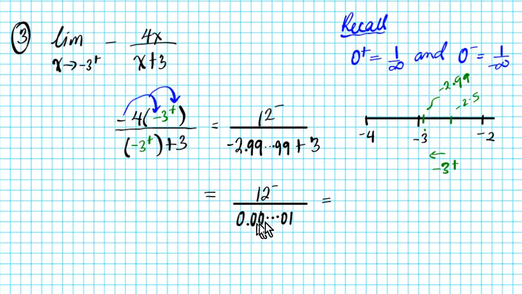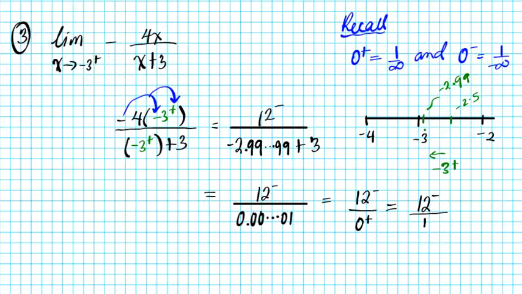We can write this number using infinitesimals. This is a very small positive number, 0 from the right. This becomes 12 from the left divided by 0 from the right. A very, very small positive number can be written using infinity.